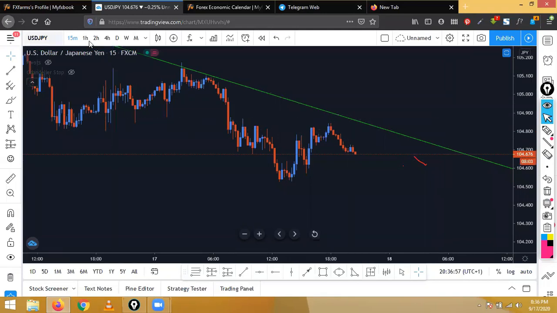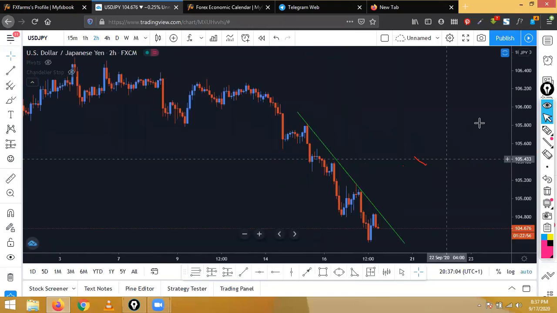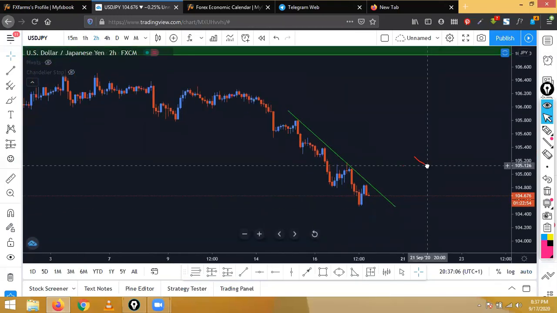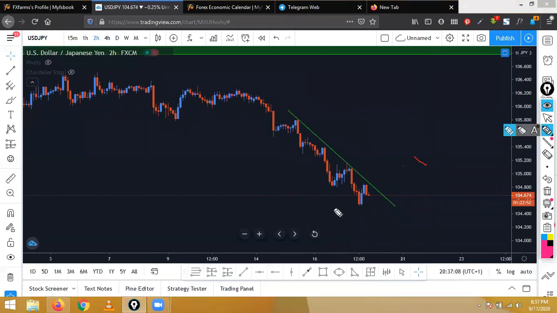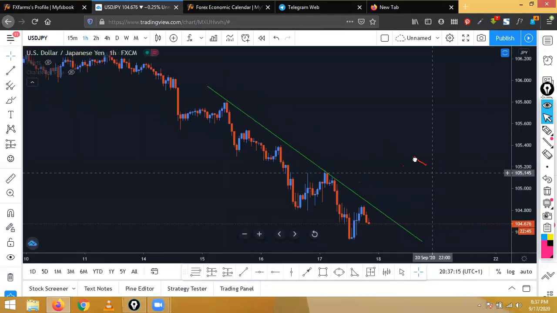All right. Price may still have one more swing low before breaking that trend line. So your attention should be on that trend line. We need to see a break of structure on the 2 hour or on the 1 hour time frame. So pay attention to the 1 hour time frame or the 2 hour time frame.